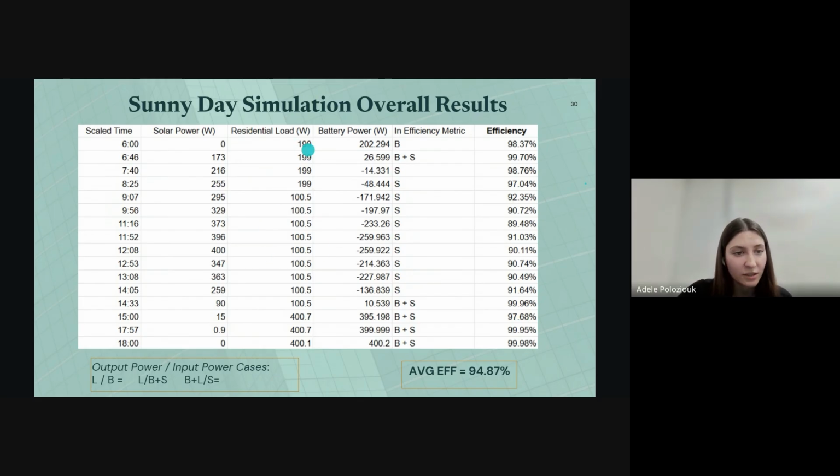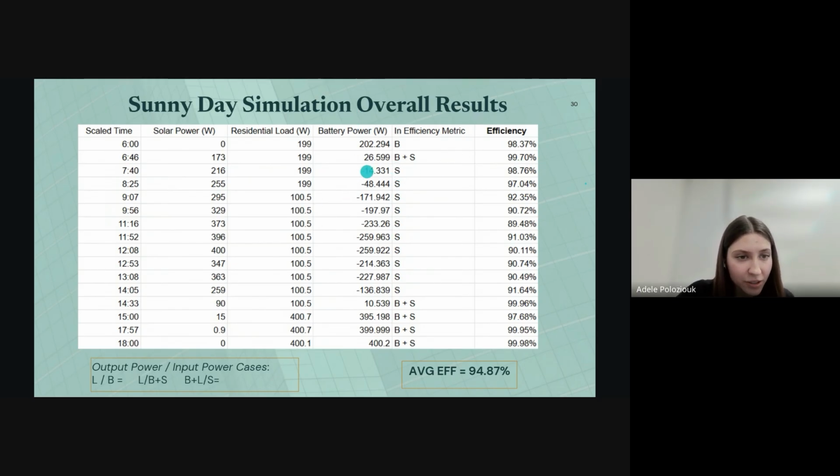So in the first row, the only input is going to be the battery, since the solar hasn't even started producing energy. So the efficiency metric will just be based on the battery.